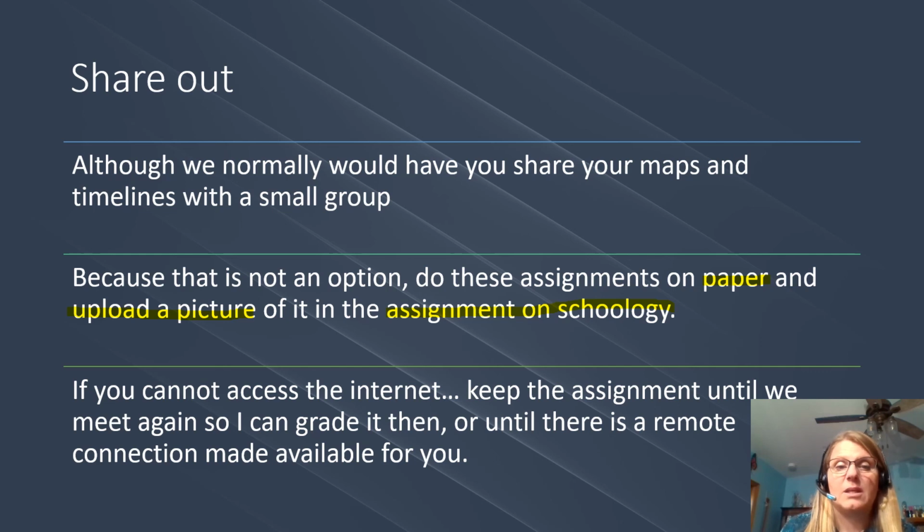And then we'll make sure that we get that to me one way or another, whether someone comes and picks it up and gets it to me, or when we all get together again, hopefully, or if they come around on a bus or something like that with remote access for everyone. I know the school is really desperately trying to figure that out.